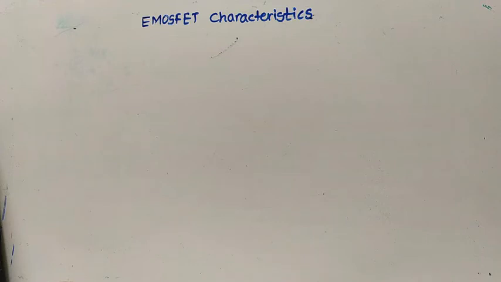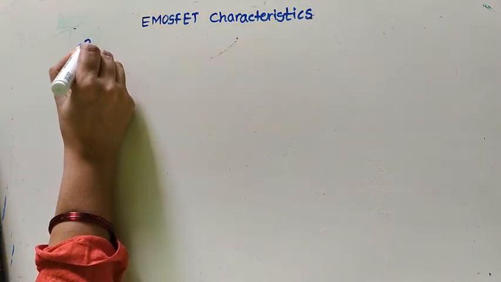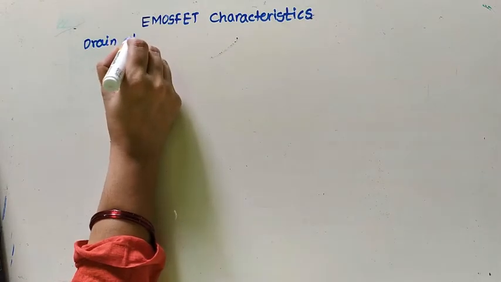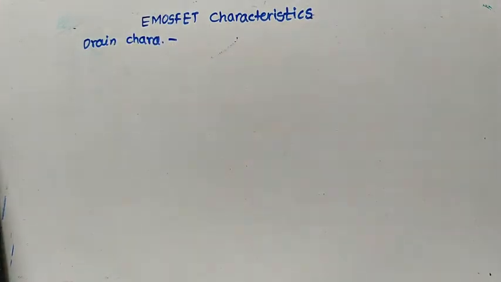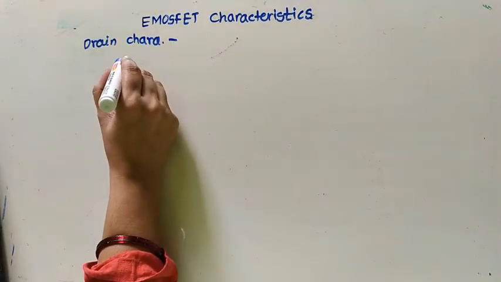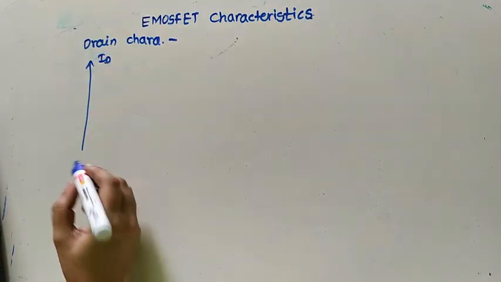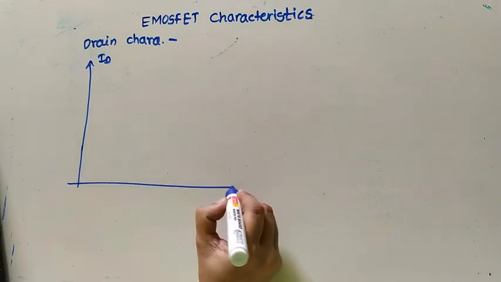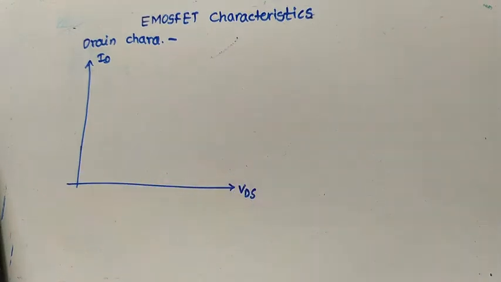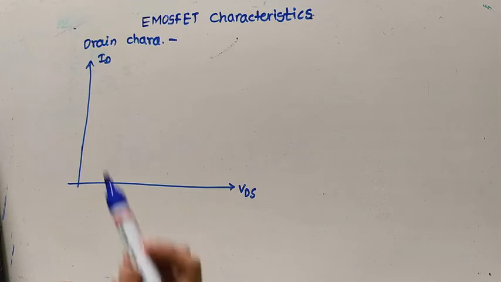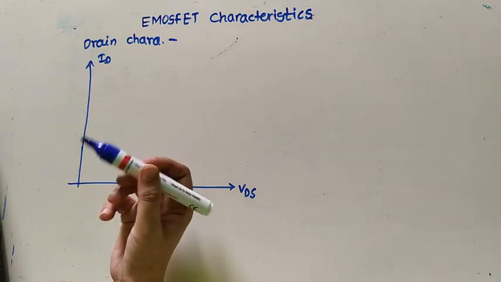Now we will see the characteristics of E-MOSFET. First of all we will see the drain characteristics. The drain characteristics is a characteristic between drain current ID and VDS voltage. We have seen that when we increase the value of VGS, our drain current will also go on increasing.